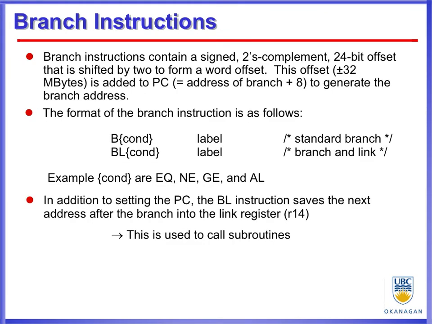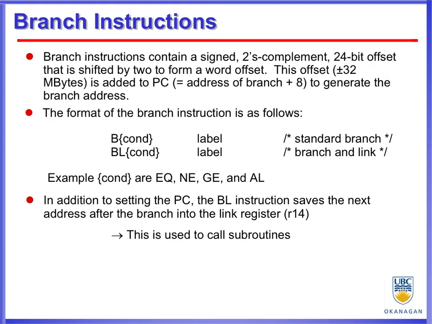Okay, and let's talk about branch instructions. Branch instructions contain a signed 2's complement 24-bit offset that is shifted by 2 to form a word offset. This offset, which can only be a maximum of plus or minus 32 megabytes, is added to the PC, the program counter. The program counter always holds the address of the next instruction to be executed.